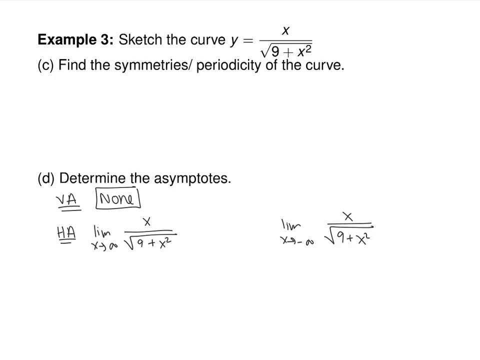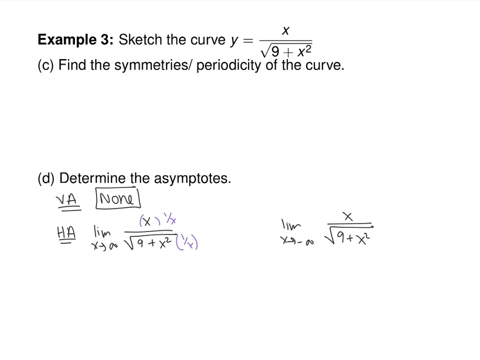Technically, you can use the oddness to figure this out quickly once you know one of them, so we'll do it that way. Do you want to use L'Hopital's rule, or can I just do it the old-fashioned way we did it before? Let's review that old-fashioned way. We would have multiplied by 1 over x and 1 over x, right?